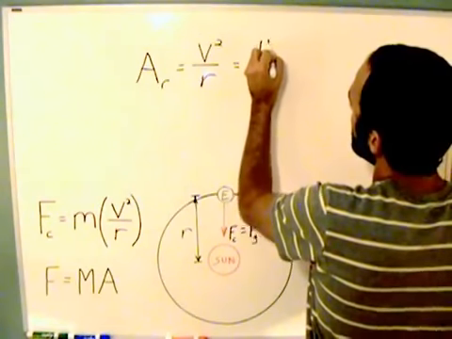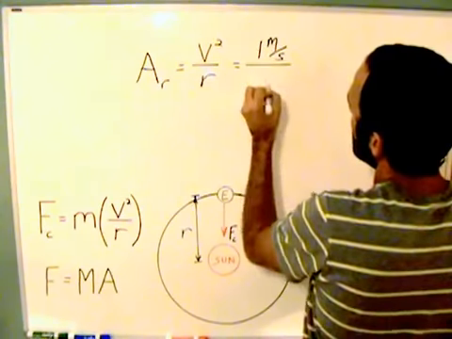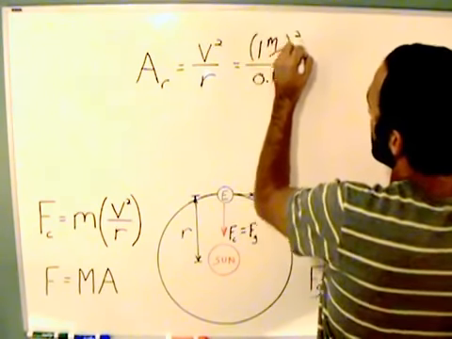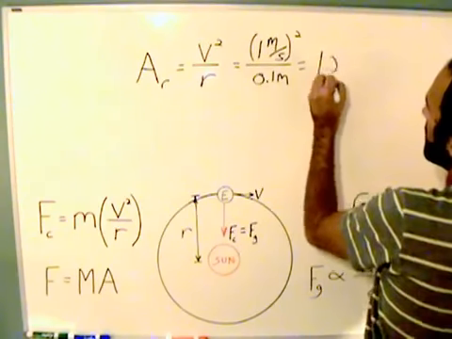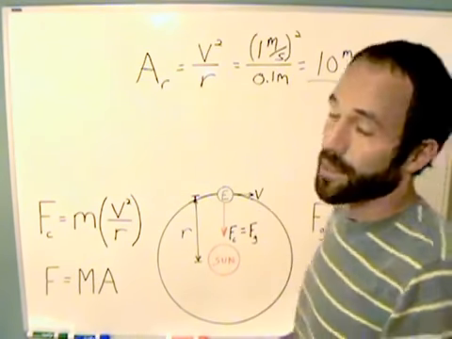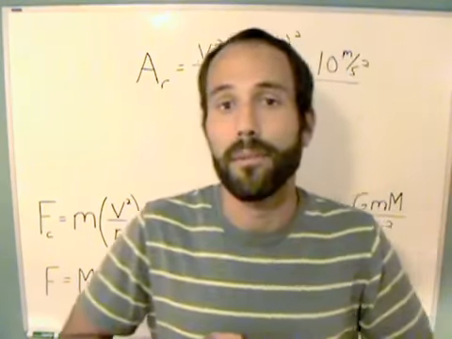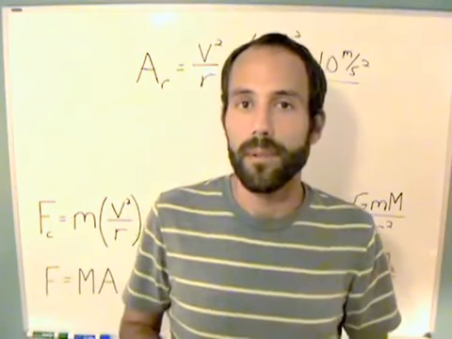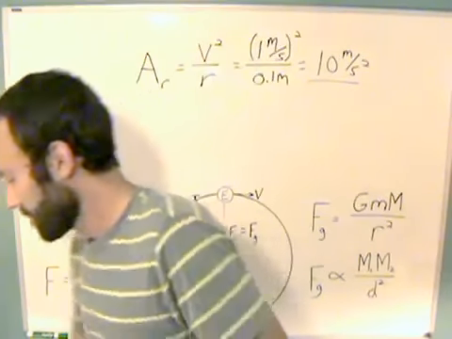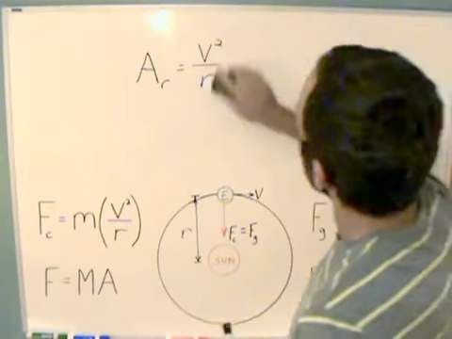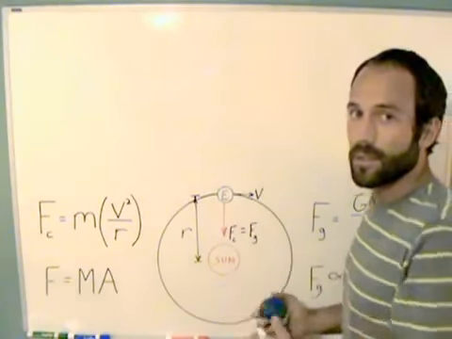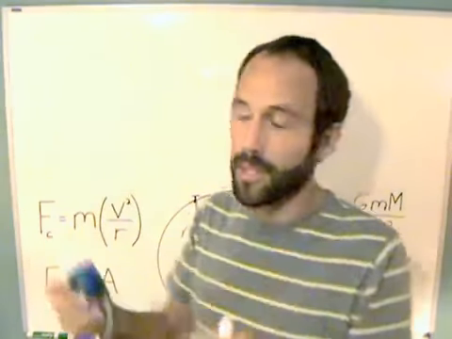So 1 meter per second, squared up top, over 0.1 meters gives us 10 meters per second squared, which is pretty close to the acceleration due to gravity, or the acceleration at which things fall towards Earth, which is 9.81 meters per second squared. So the units are actually the same. However, in this case, the acceleration is considered to be acting towards the center of the circle, or towards where the tension in the string is for the spinning ball.